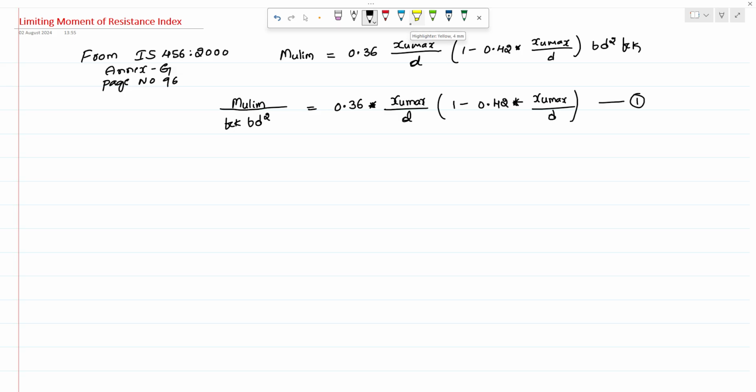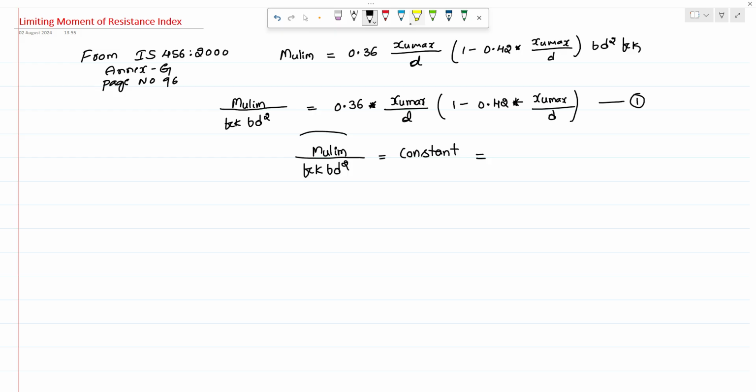So here in this equation, the ratio Mu limit divided by fck bd square is a constant. This constant we will call the limiting moment of resistance index.